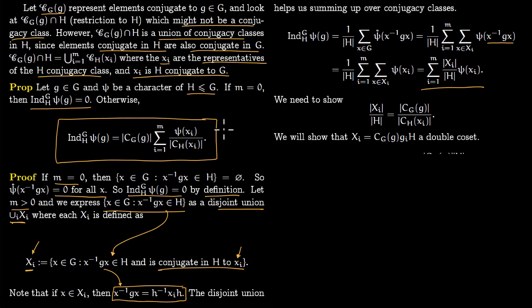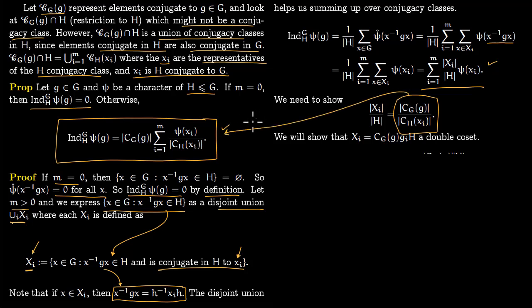Now we need to prove this equal to this. We have to show that the size of X_i is equal to the size of these centralizers, this over this. Once you prove it, instead of this you write this, and since it doesn't have any i in it, it jumps out of the sum and you get the formula.